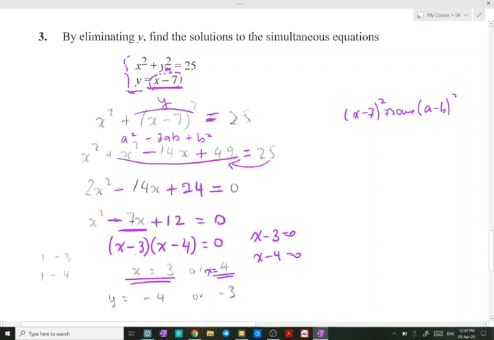Now when x is 3, you replace it in the second equation, you're going to get y equals 3 minus 7, so y is equal to minus 4, and in this case y equals 4 minus 7, which is equal to minus 3.